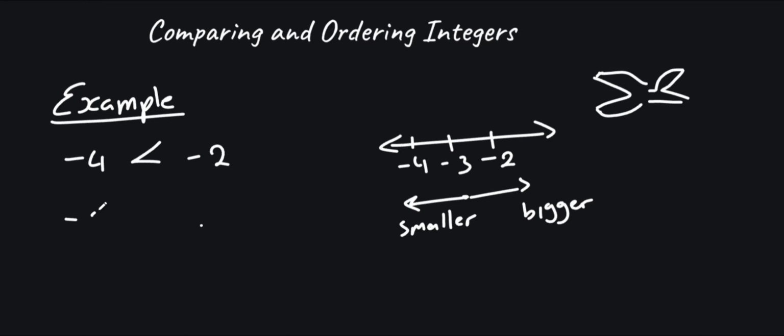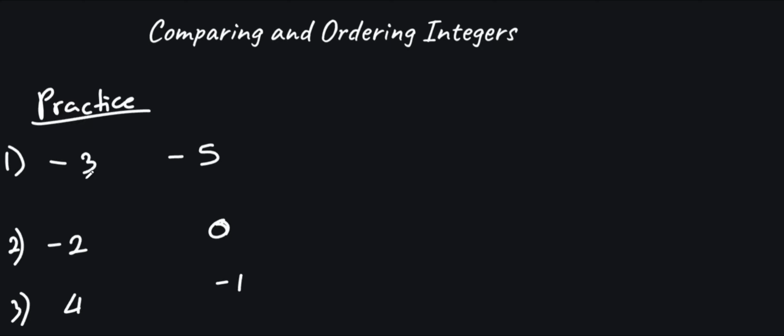What about negative 2 and negative 5? Again, negative 5 is somewhere here. So negative 2 is still bigger than negative 5. So negative 2 is greater than negative 5 and negative 4 is less than negative 2. Let's try a few more questions. First question is negative 3 and negative 5. Which number is greater?